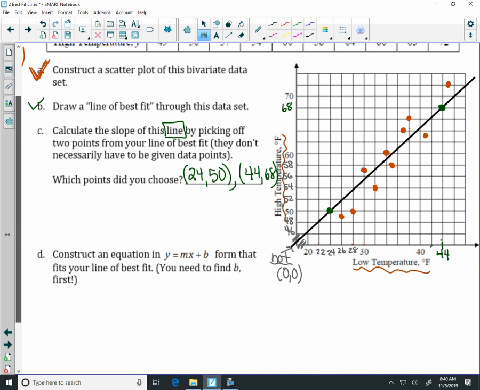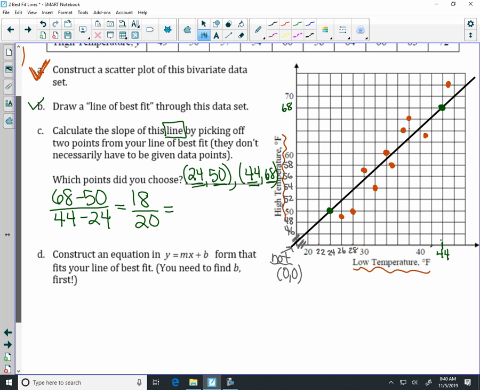So I'm going to subtract my y's, 68 minus 50, and subtract my x's, 44 minus 24. All right, 68 minus 50 is 18. 44 minus 24 is 20.